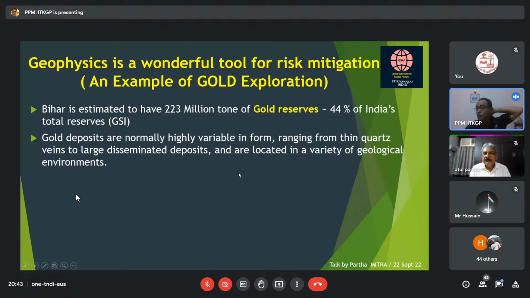This combination of different geophysical tools has been used to map gold deposits in different areas of Australia, the Solomon Islands, New Zealand, the USA, and New South Wales. All these techniques have been integrated to map these gold deposits.